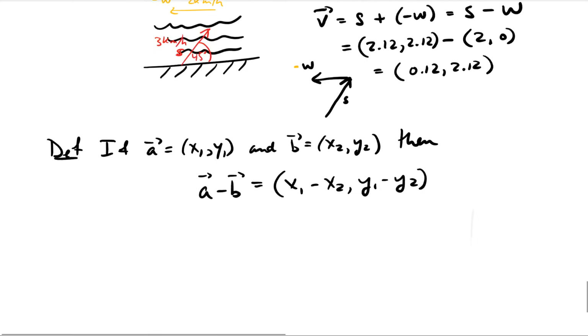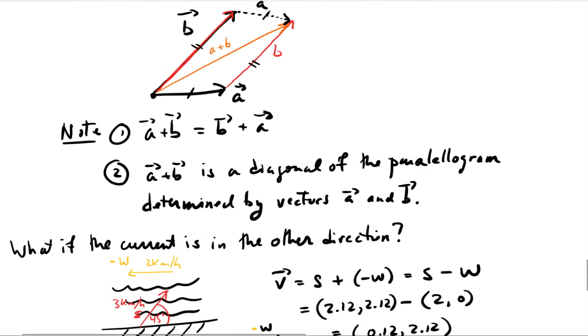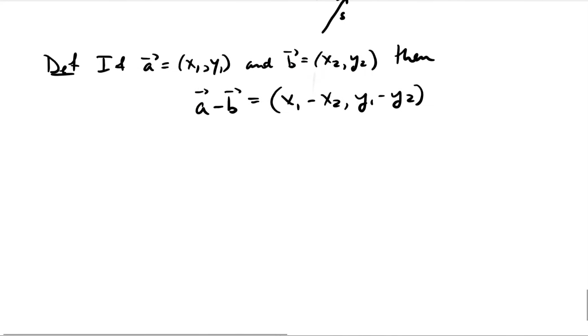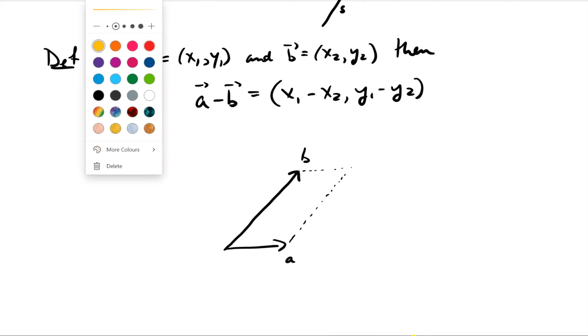Okay, geometrically, what does that correspond to? So let's draw vector. I want to look at my diagram again. Okay, I'm going to redraw this. A, B. Let's say A like that, and B like that. So we've seen that if I create this parallelogram, maybe let's draw B in red again.